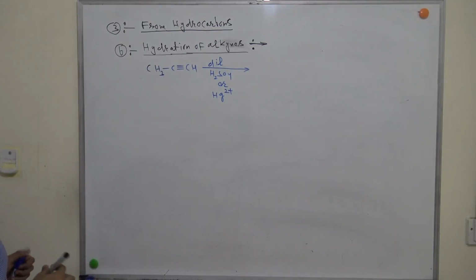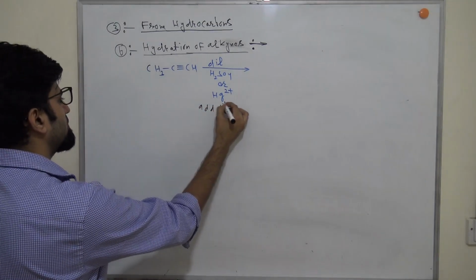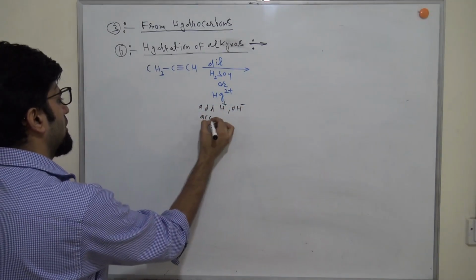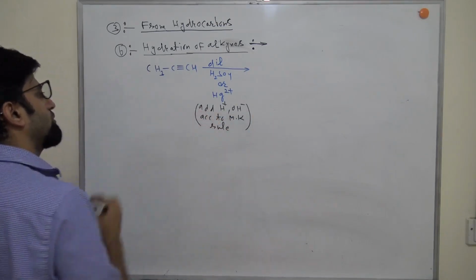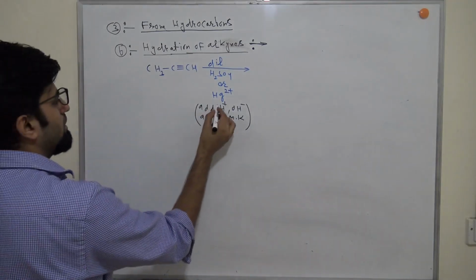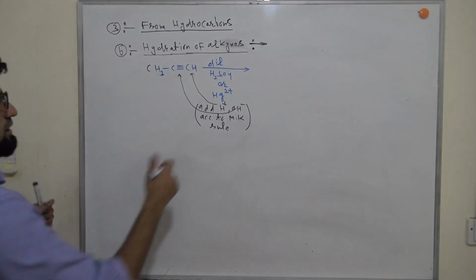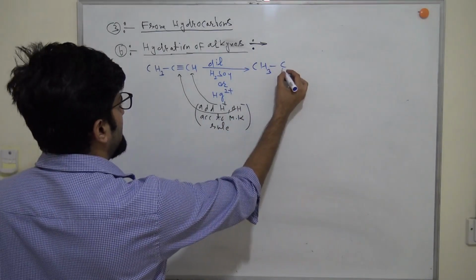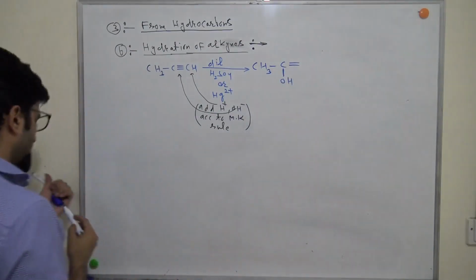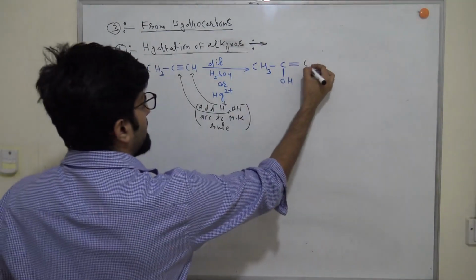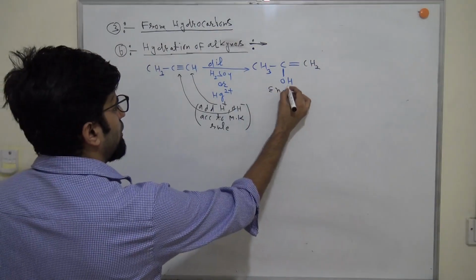What you have to do is add H plus OH according to Markovnikov's rule: the negative part goes where there is less hydrogen, the positive part where there is more hydrogen. So that gives CH3C-OH, and the triple bond changes into a double bond because you are adding 1 mole, giving CH2. Basically, this form is known as the enol form.